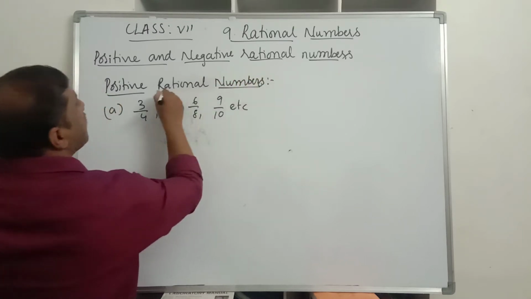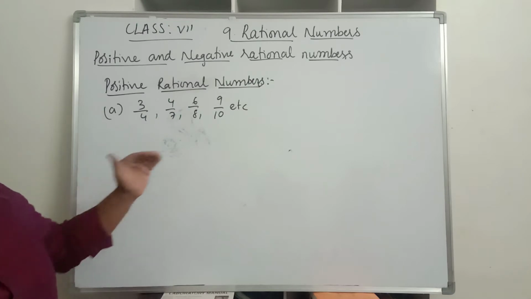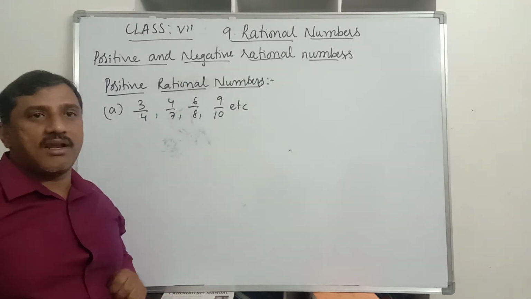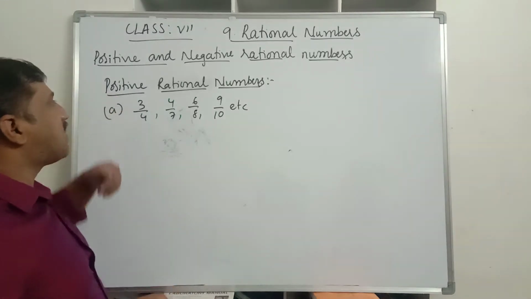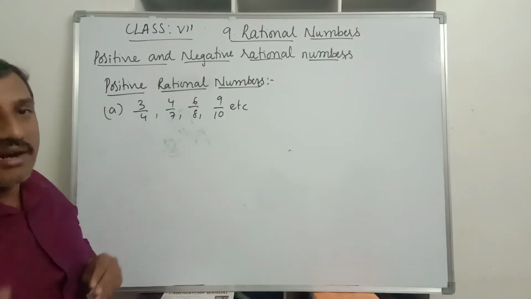So positive rational numbers means both numerator and denominator of a rational number are positive integers. Then those rational numbers are positive rational numbers.